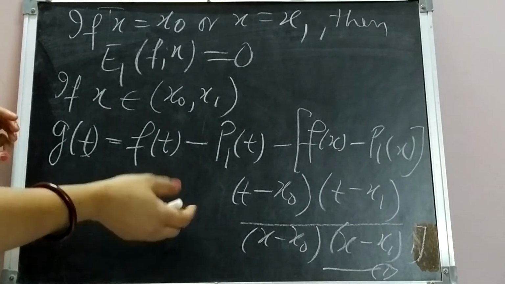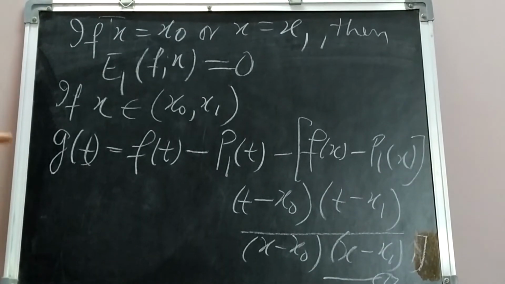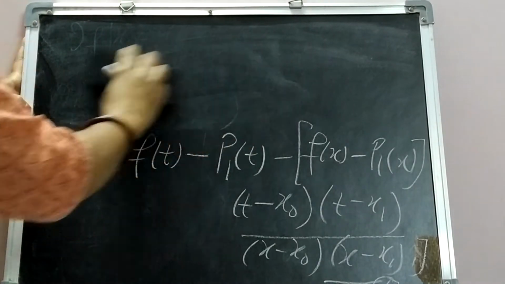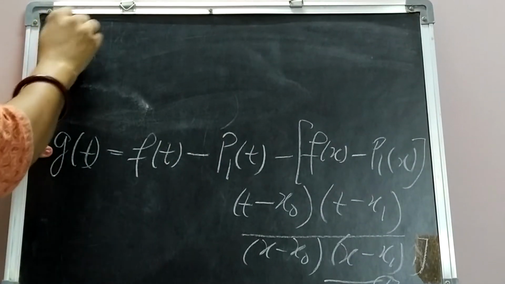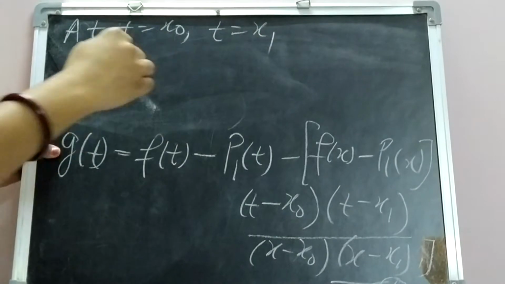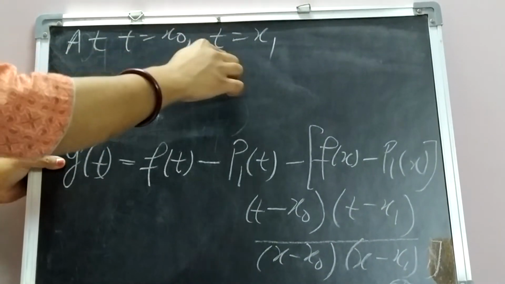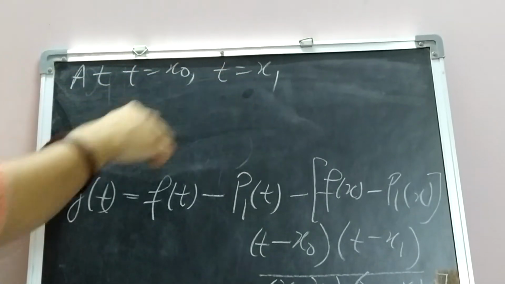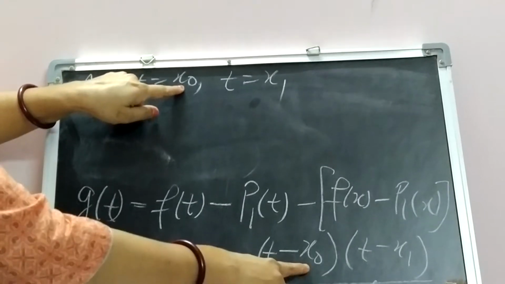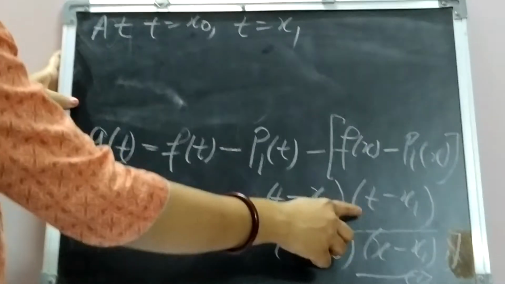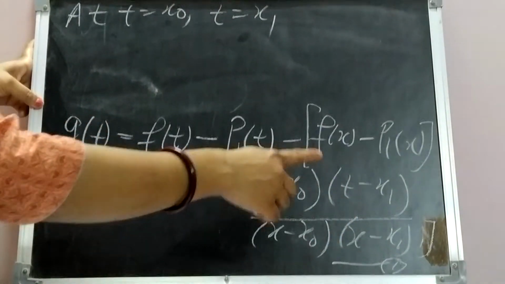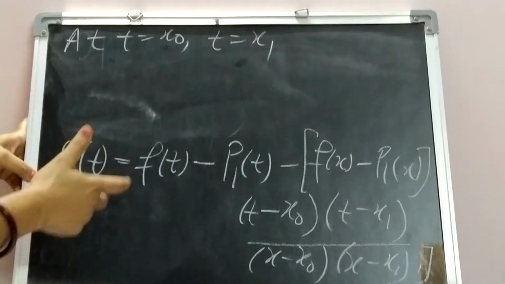Now for this g(t), let us check: if we take t equal to x0 or t equal to x1, then g(t) will be equal to 0, because these are the endpoints, and at the endpoints the error was 0.